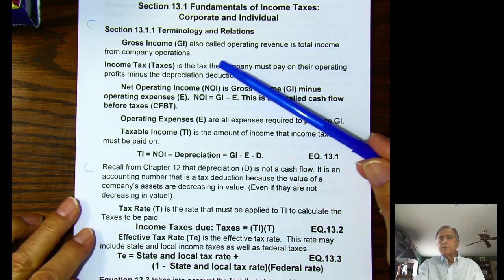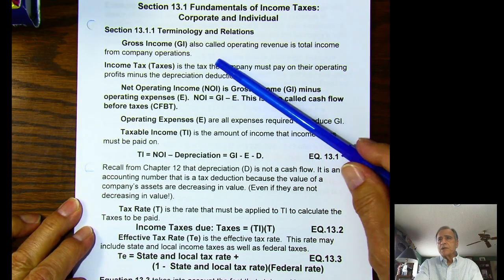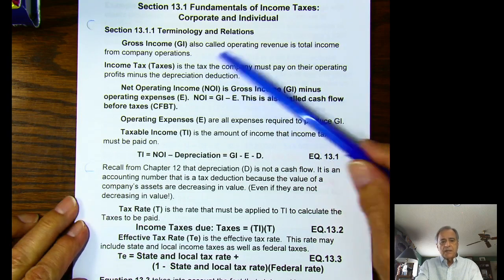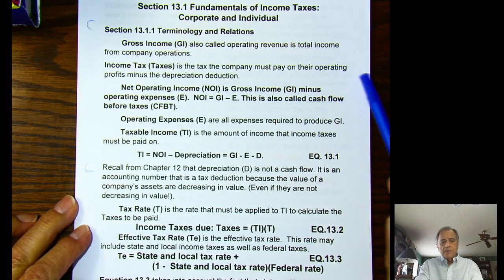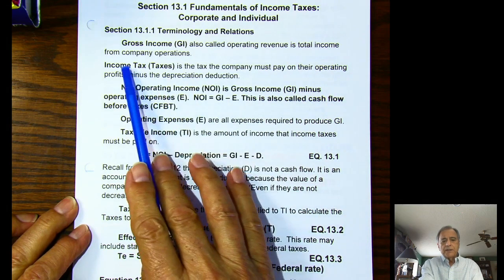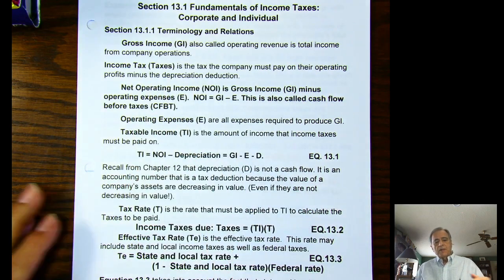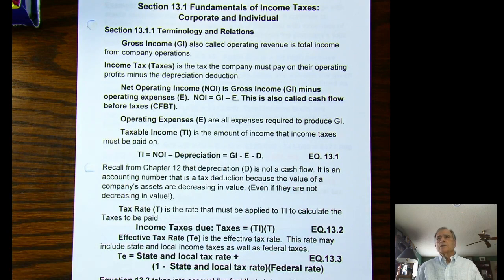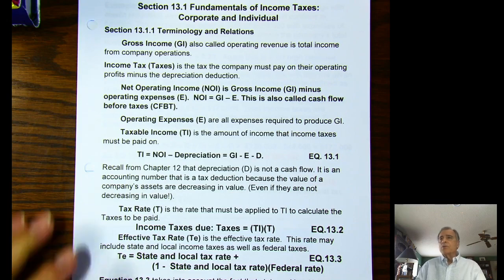The first term the author discusses is gross income, which is basically called your revenue. It is total income. It's basically all of your sales. If you're an organization that makes sales, that's your gross income.